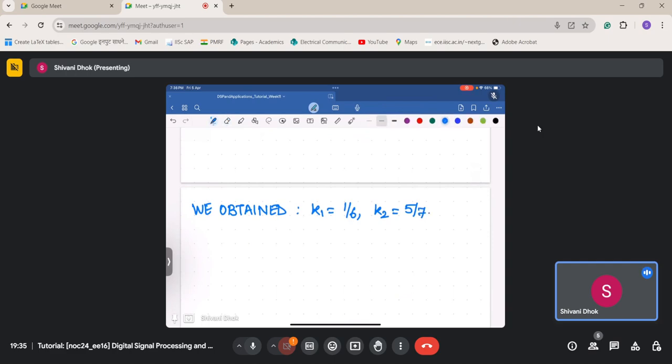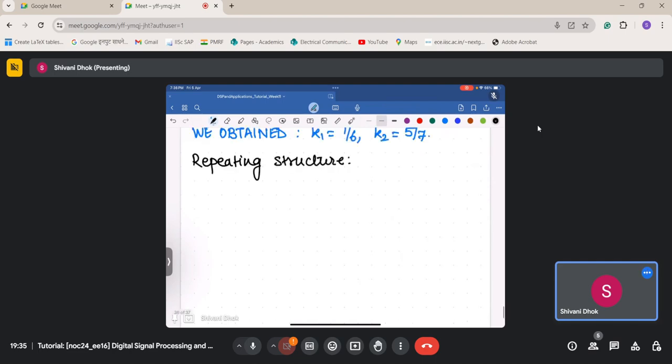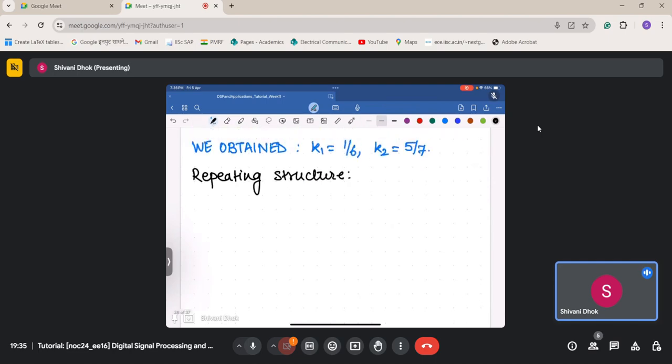This is what we have obtained, and now we need to construct the lattice. So let me quickly draw the repeating structure for the lattice, and that repeating structure looks something like this.